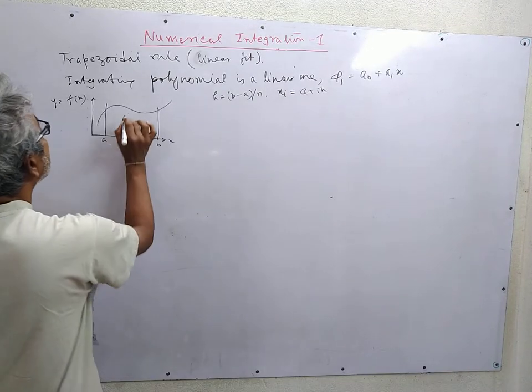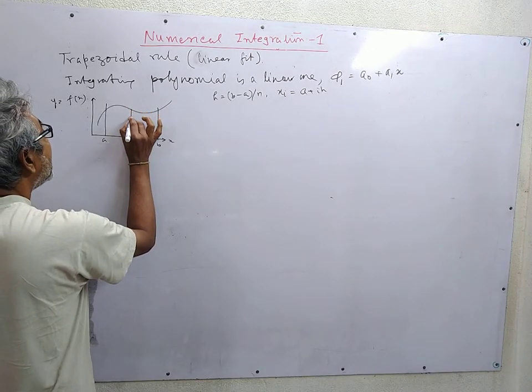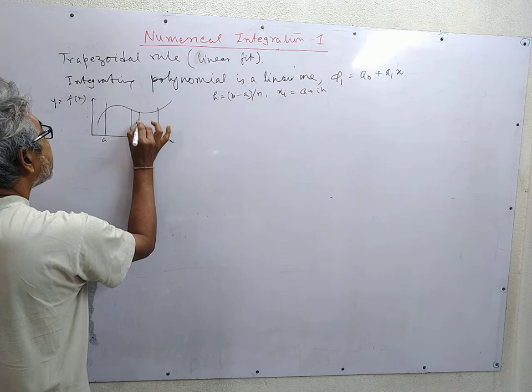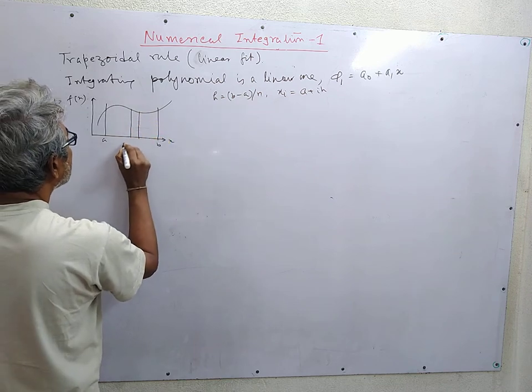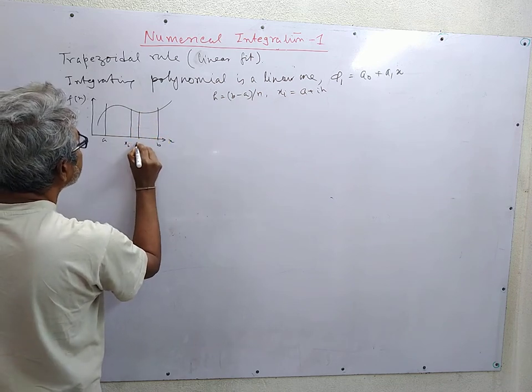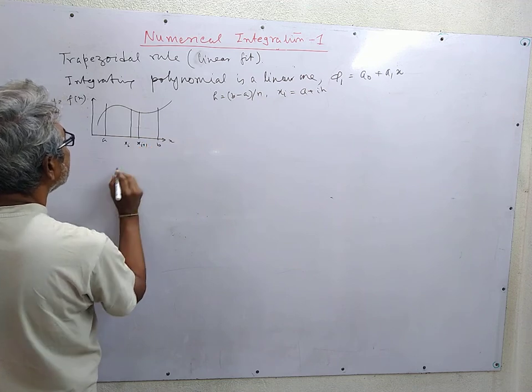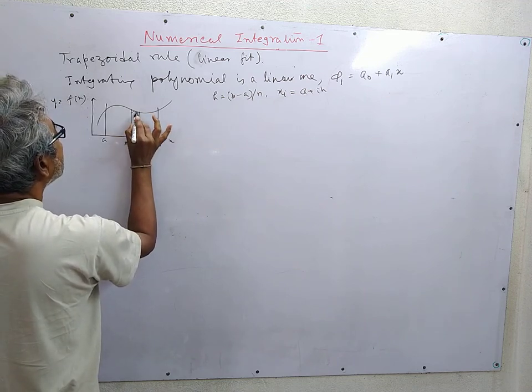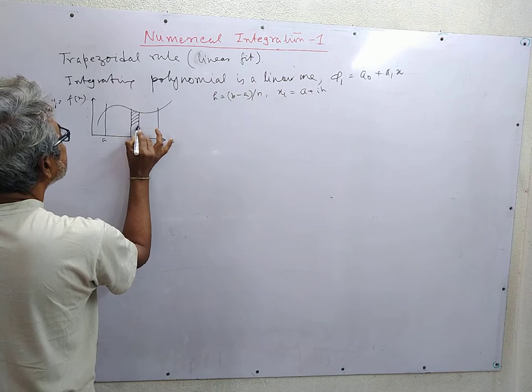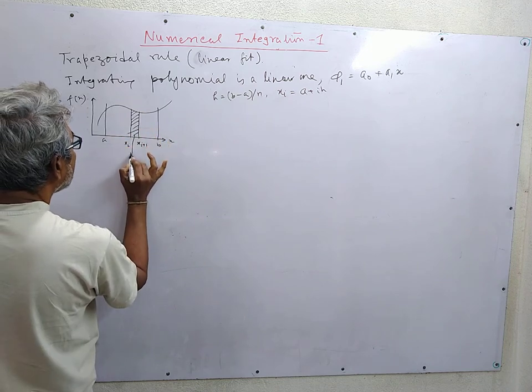Now we consider a strip, the ith strip. This is xi and this is xi plus 1. This area we call Ai.